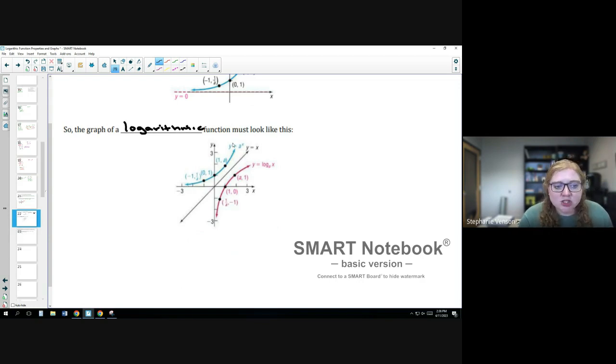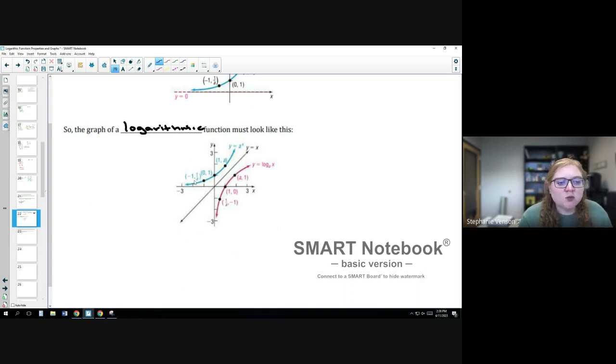So if this is your exponential function right here, this blue one, it has these three key points: (-1, 1/a), (0, 1), and (1, a). We learned that in the last lesson. But in the lesson before that, we learned that in an inverse function, x and y literally switch places. So your three key points on a logarithmic function are going to be the reverse of that.